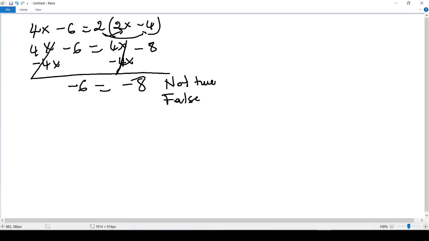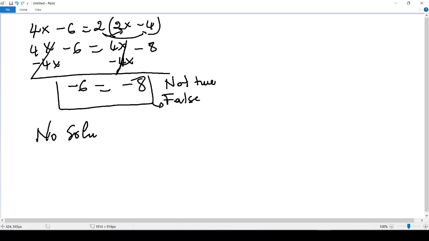In case my result looks like this and is false, when I say look like this, it doesn't mean you always have negative 6 and negative 8. But when I end up having two different numbers on each side of the equal sign, and it doesn't mathematically make any sense, that means it is false, right? So once you have false, that means you have no solution to your equation, and the result is no solution.